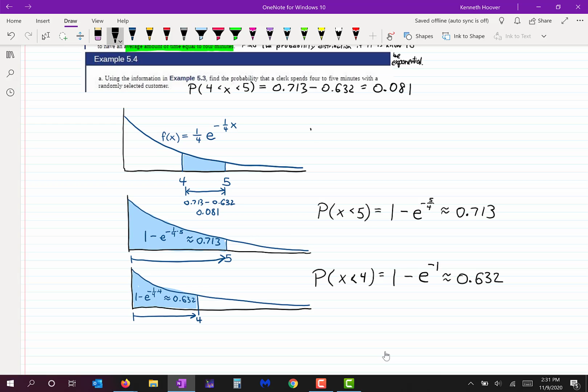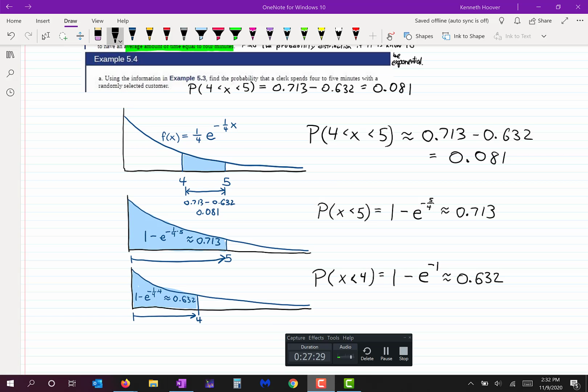So the probability that x is between 4 and 5 is 0.713 minus 0.632, and that's where we got our answer of 0.081. Okay, that's how you work with exponential distributions.